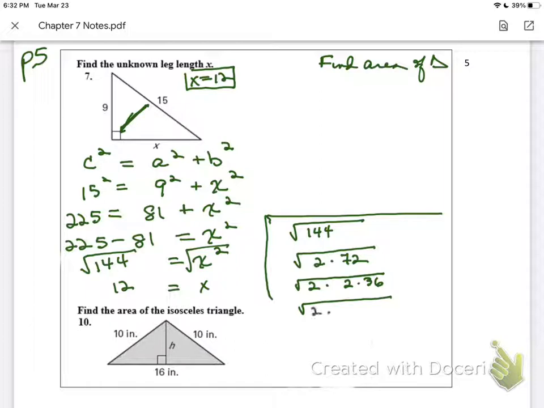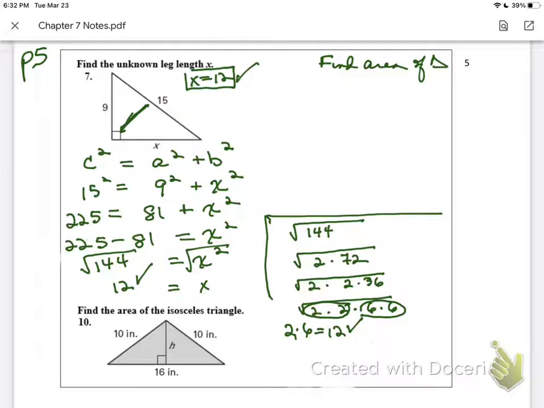And I'm going to break up 36 into 6 times 6. When I get to that point, look what I have. I have my double. Circle a double. Pull it out as a 2. Circle a double. Pull it out as a single, as a 6. And that equals 12. So whether I find the 12 by simplifying my radical, by knowing that 144 is a perfect square, or by knowing my triples, in any event, I'm going to get 12 for that missing side.